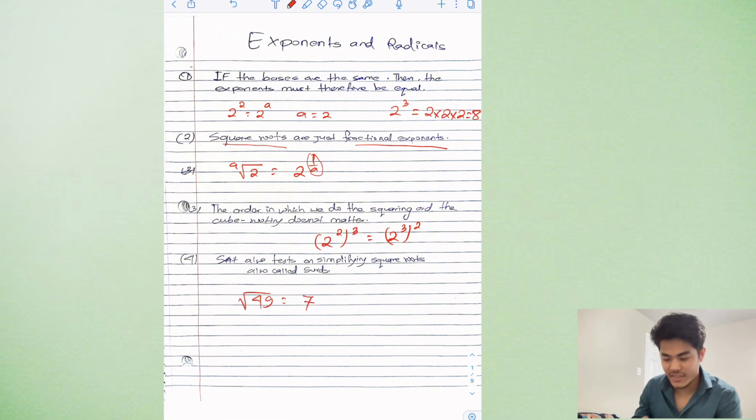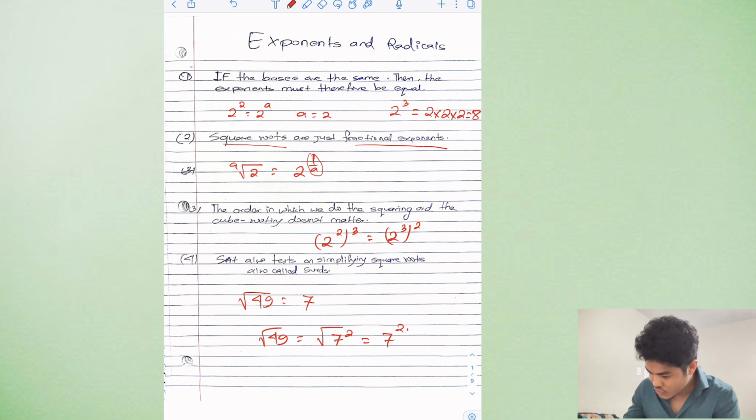And how do we get this? The square root of 49 is equal to the square root of 7 squared, and we know that the square root is a fractional exponent. So we can write it down like this, and finally we end up with 7.